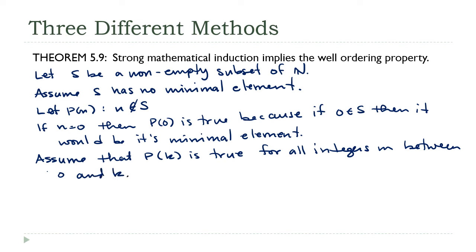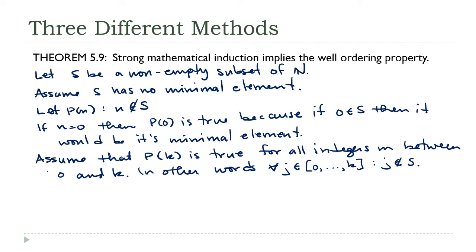In other words, none of the numbers from 0 to k are in S. In other words, for all j in 0 up to k, j is not an element of S. That's our strong induction hypothesis.